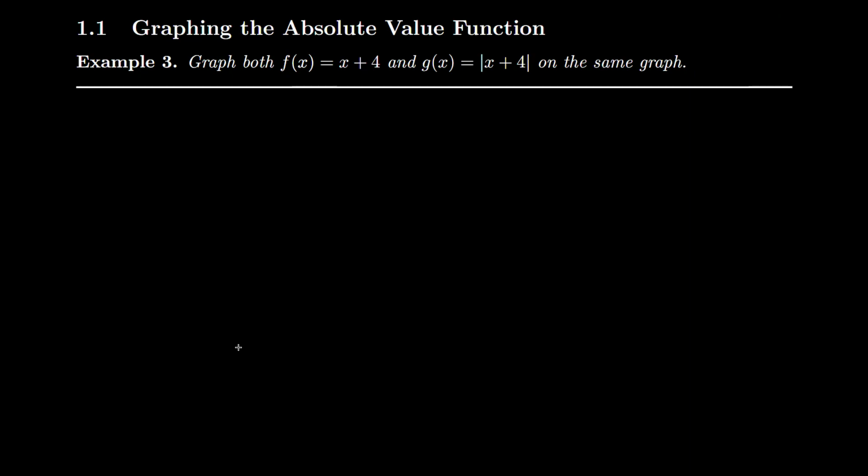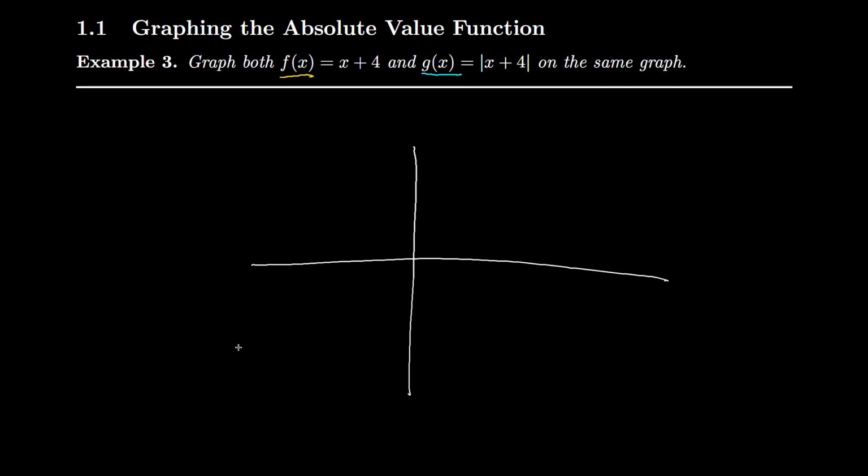So we want to graph both f of x equals x plus 4 and g of x equals the absolute value of x plus 4 on the same graph, and then see what we can learn about it. So let's go ahead and draw ourselves a coordinate plane here. And we're going to do f of x in this orange, and we're going to do g of x in this cyan. So let's start with the orange one.